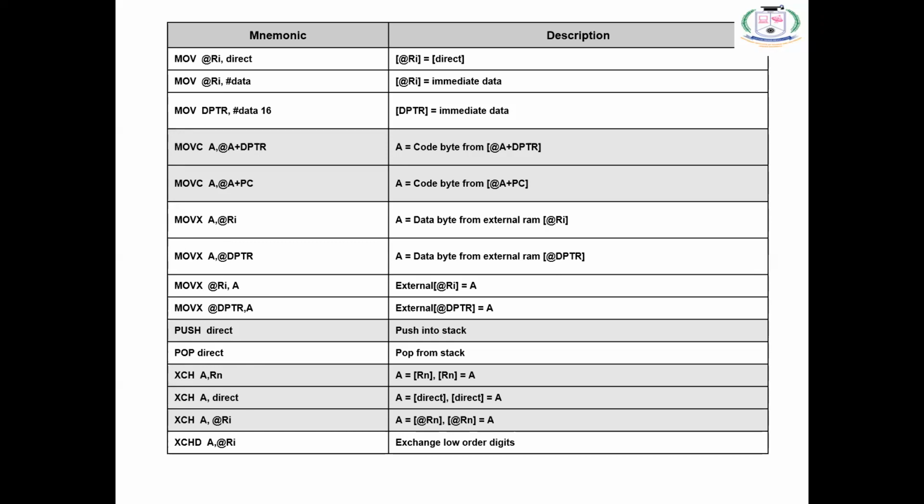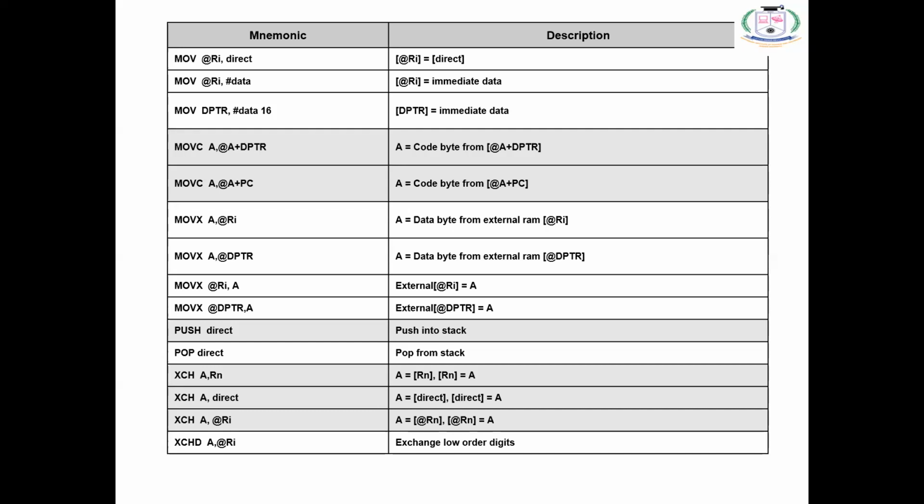Can you understand or not? The accumulator will be the primary. I can exchange data between the accumulator and a register, the accumulator and an internal address, or the accumulator and indirect addressing mode. That is the only thing happening. The final one, XCHD, exchanges the lower order digits, that means the lower order nibble. Are you clear?